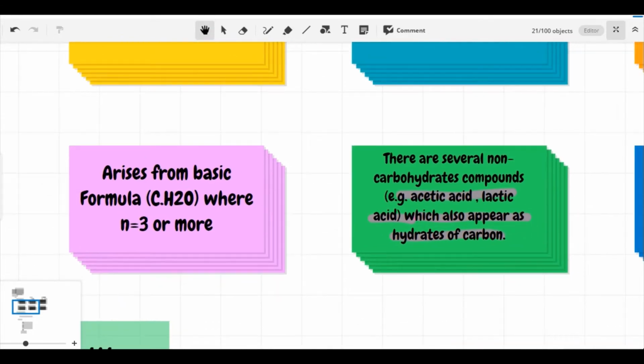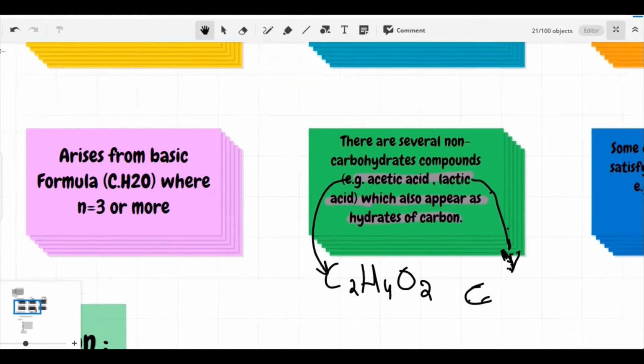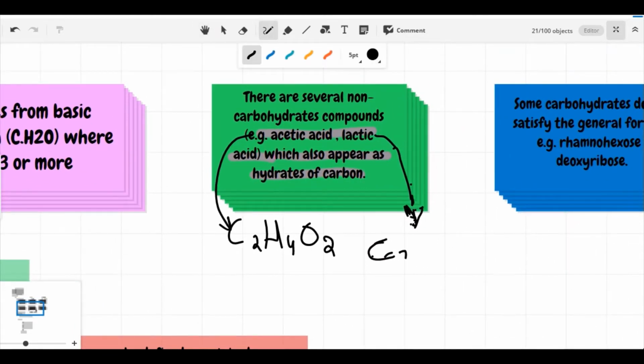So remember that these are not carbohydrates, because when we look at the formula, for example, acetic acid is C2H4O2, while lactic acid is C3H6O3.